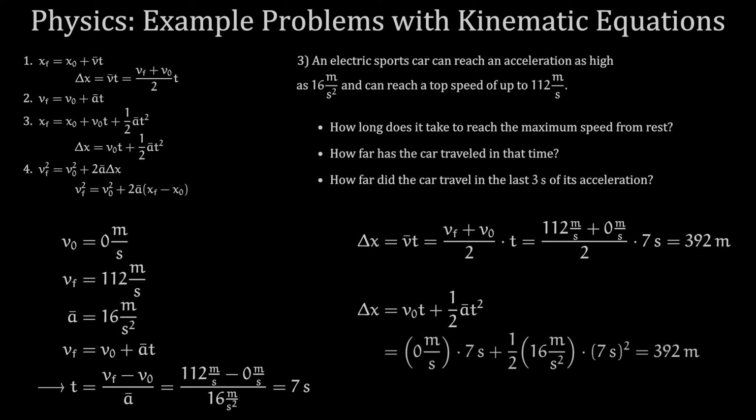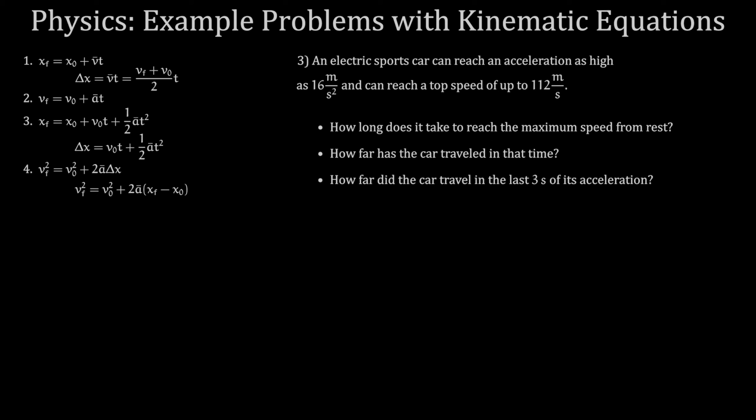To answer the last part, we are asked about the last 3 seconds of its travel. This means its initial velocity in this time window is whatever its velocity was at 4 seconds, and the final velocity is its velocity at 7 seconds. We first need to find the car's velocity at 4 seconds into its travel. To do this, we look at the first 4 seconds of its travel, from 0 to 4 seconds.